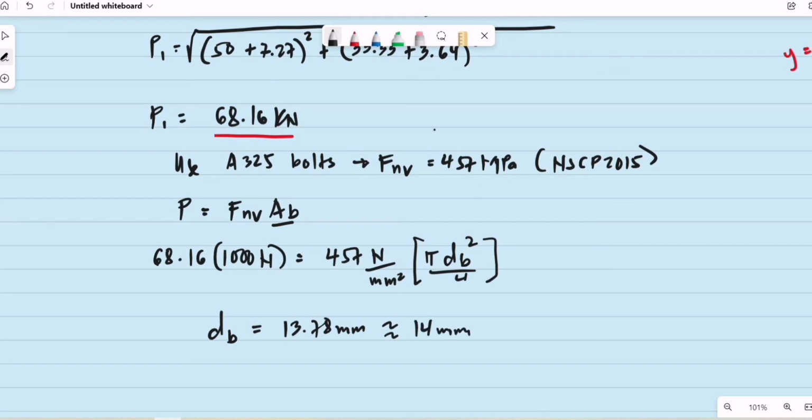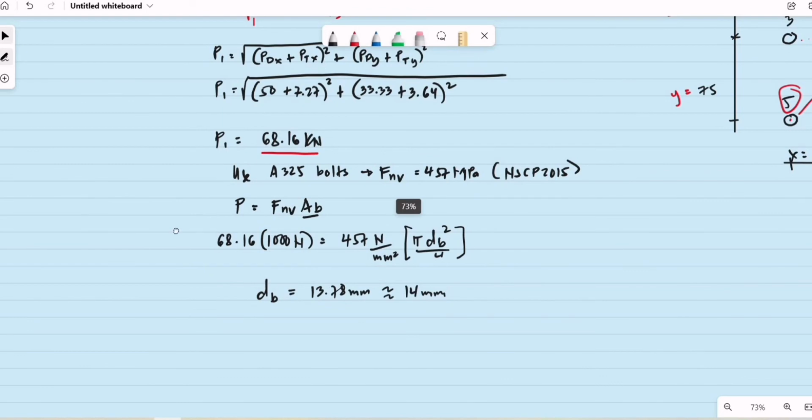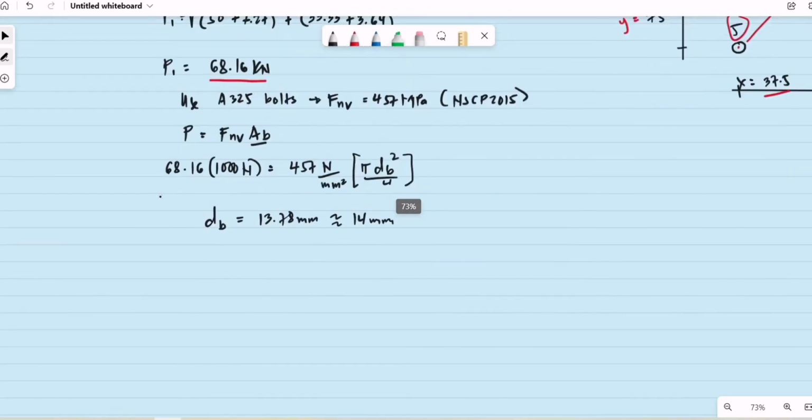But for a designer, to increase the factor of safety, maybe there are 14 mm diameter bolts, but it is more ideal to use 16 millimeter diameter bolts for this design.